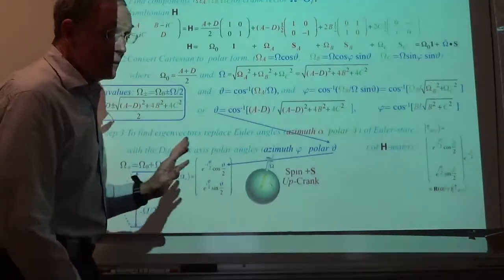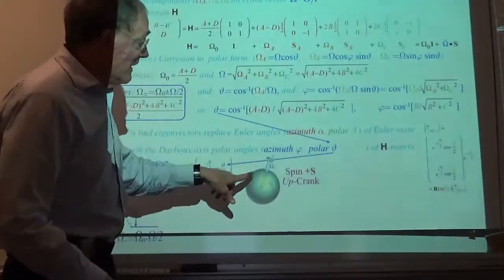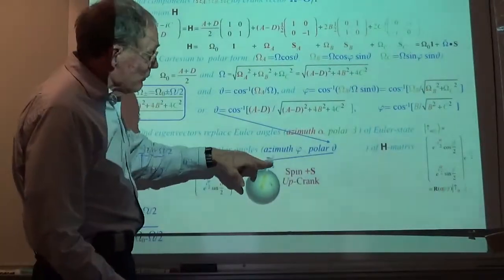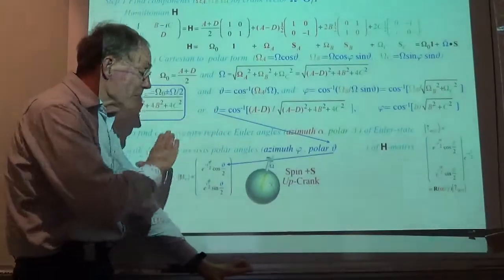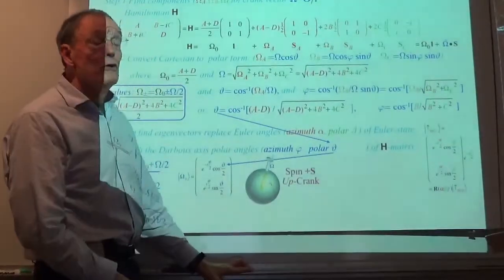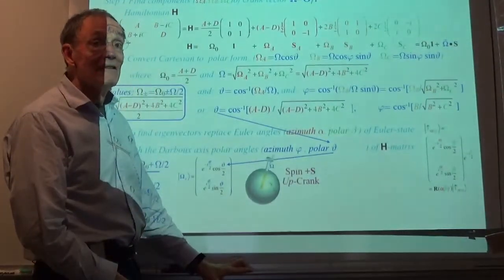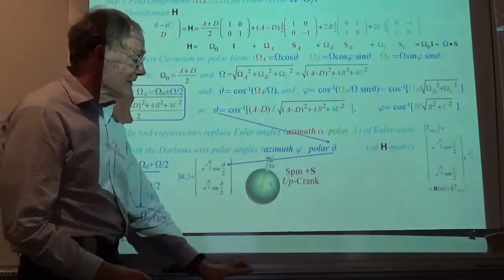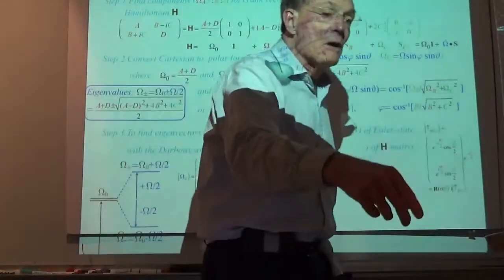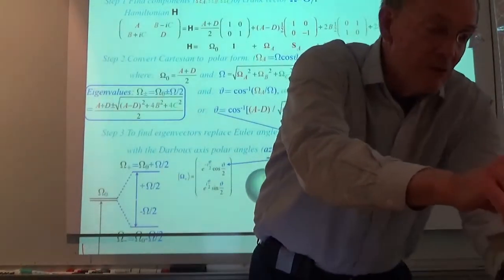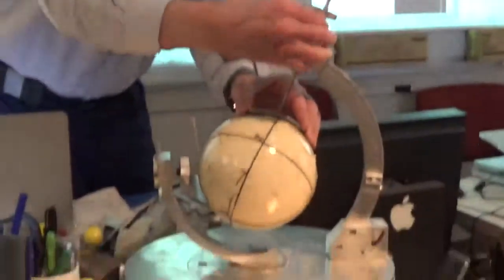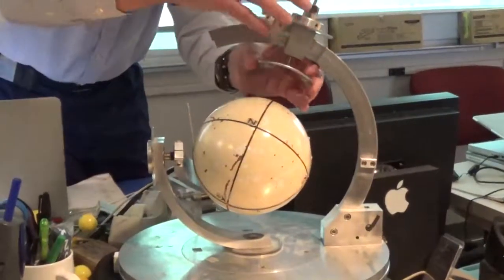Why am I doing that? Because what I am saying is, if I've got a crank over here, where can the spin go so it doesn't move? If I've got a crank here, and let's just put him in a threatening position, like that.